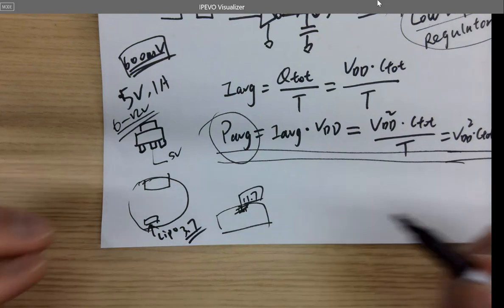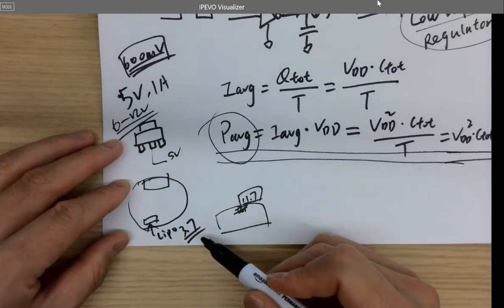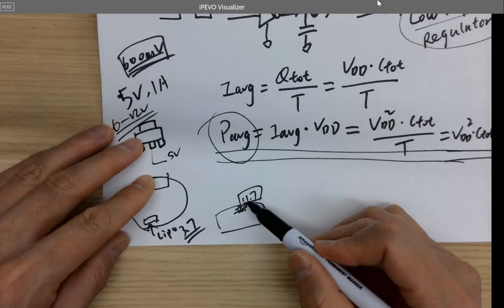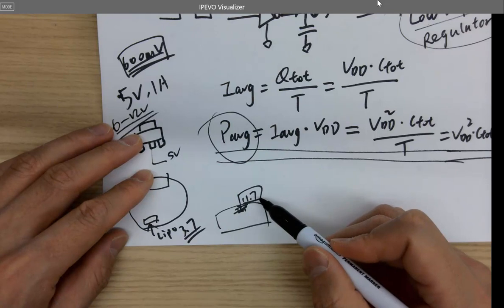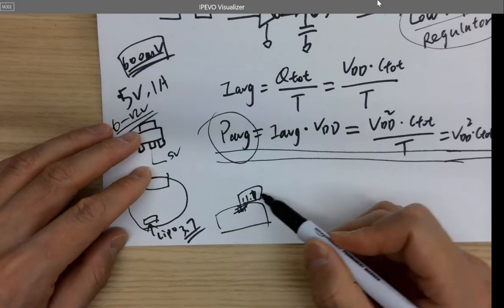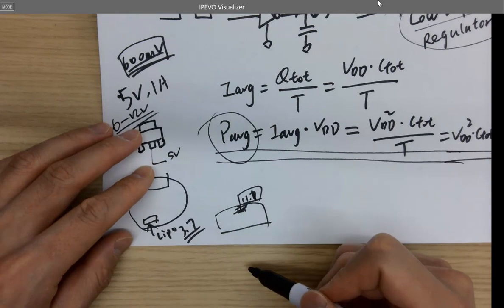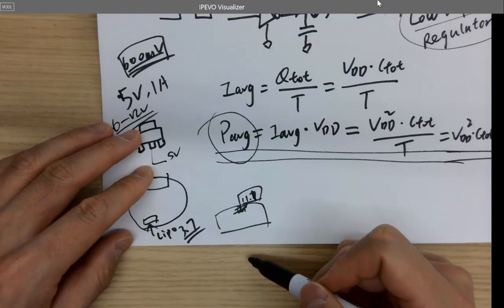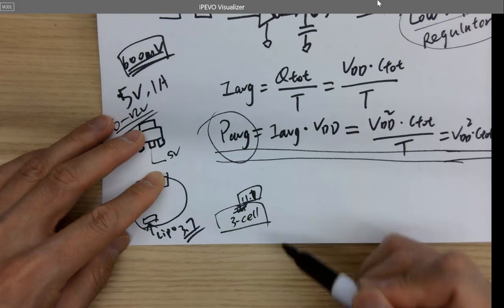They standardize it in multiples of 3.7. So if it is 11 point something or 12.1 volts, how many cells are in there? 3, right? It's just a 3 cell LiPo battery.